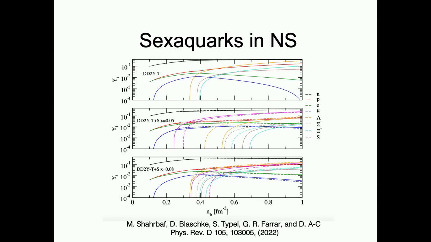As the density increases from the surface towards the interior of the neutron star, the baryonic chemical potential starts to increase, and then different baryonic species start to be populated, and the sexaquark could be one of these candidates. We will hear more about this from Mahube, who is here later today, so I just wanted to include it for completeness.